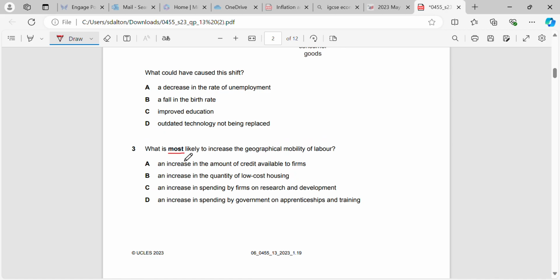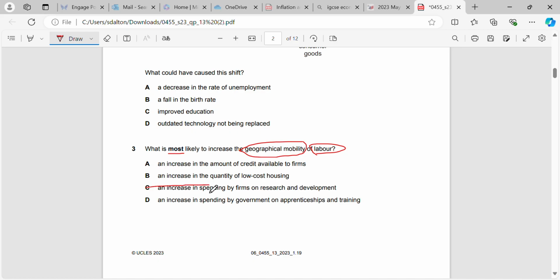Okay, what is most likely to increase the geographical mobility of labour? So, what is most likely to allow people who are working to be able to move the area or move to another area to live? So, once we know what it means, it should be very easy to answer.